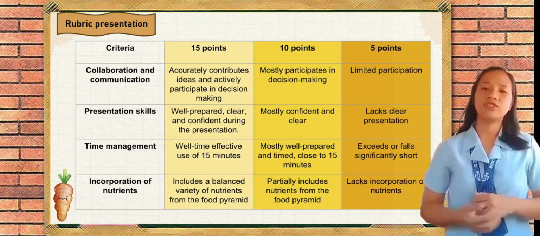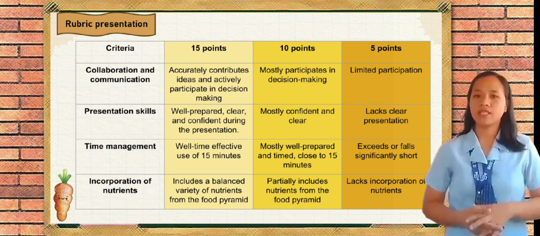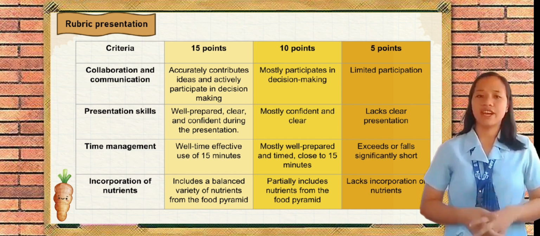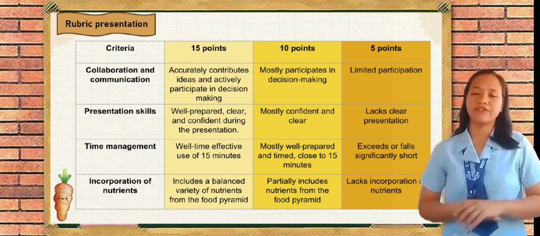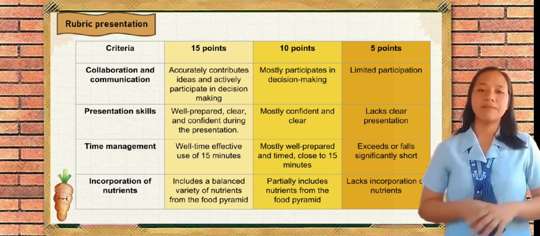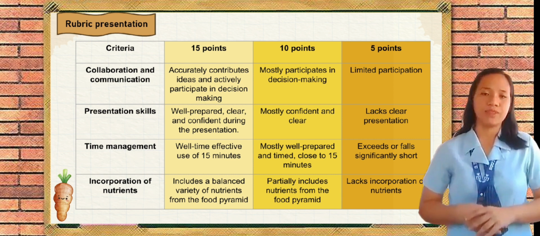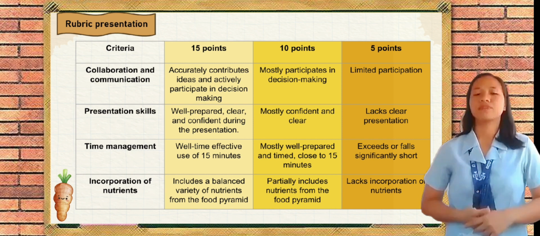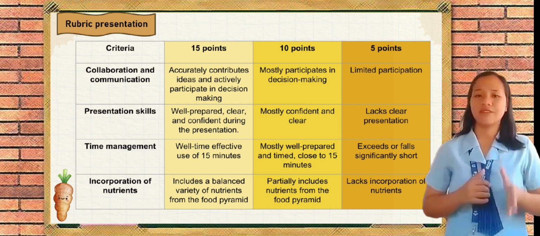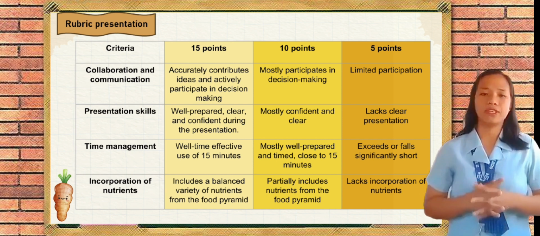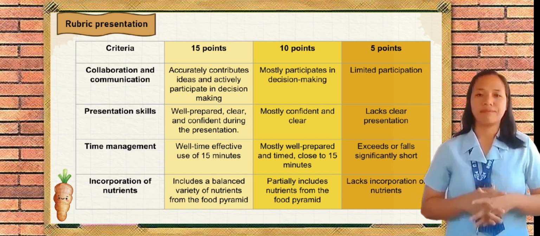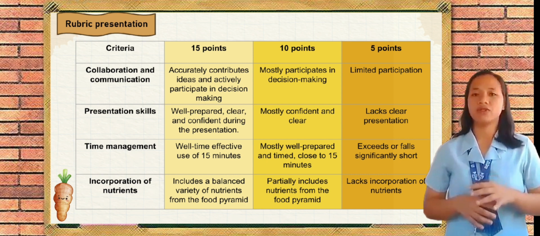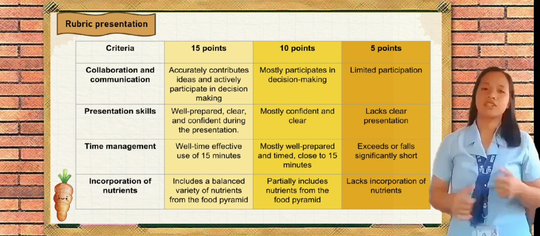Then presentation skill: 15 points if well prepared, clear, and confident during the presentation, 10 if mostly confident and clear, and 5 if it lacks a clear presentation. Then time management: 15 points if well-timed with effective use of the 15 minutes, 10 points if mostly prepared and time is close to 15 minutes, and 5 if it exceeds or falls short significantly.